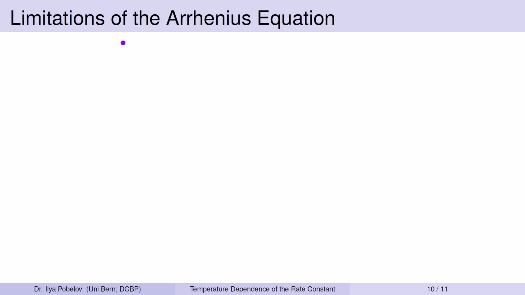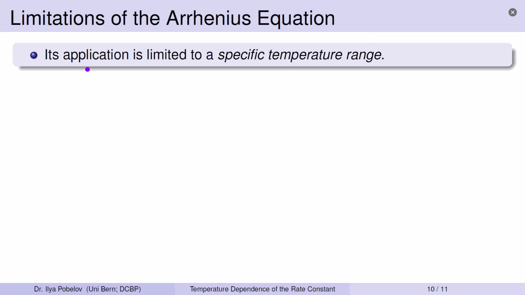In our discussion of the temperature dependence of reaction rates, it is important to acknowledge the limitations of the Arrhenius equation. First, its application is limited to a specific temperature range. Therefore, when using this equation, one should be cautious, especially when extrapolating rate constants to temperatures outside the studied range.